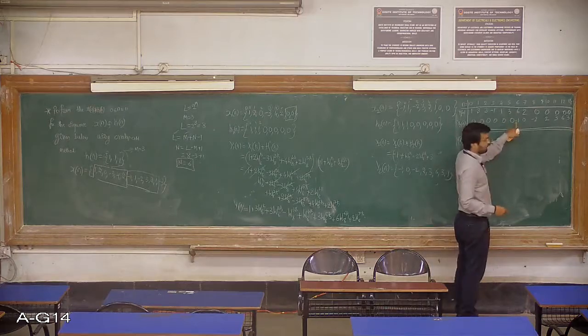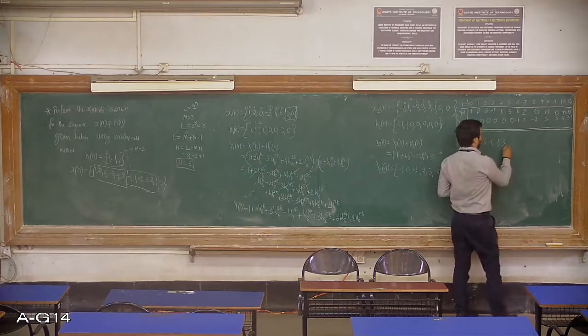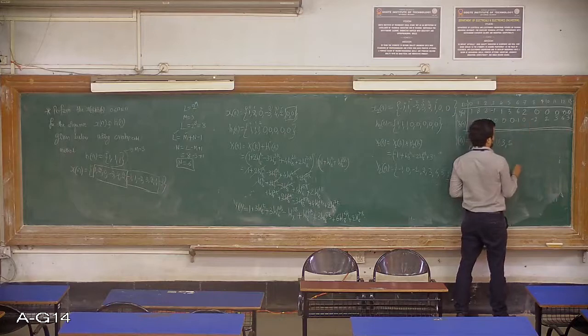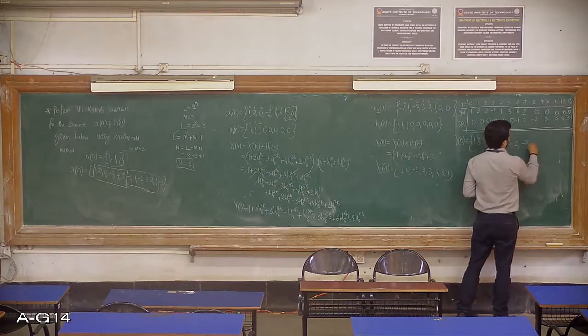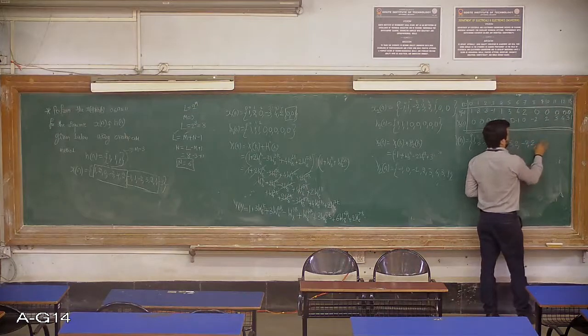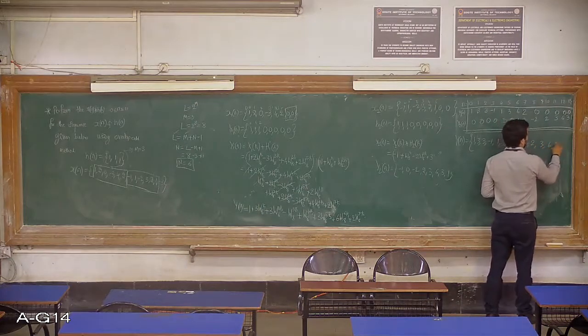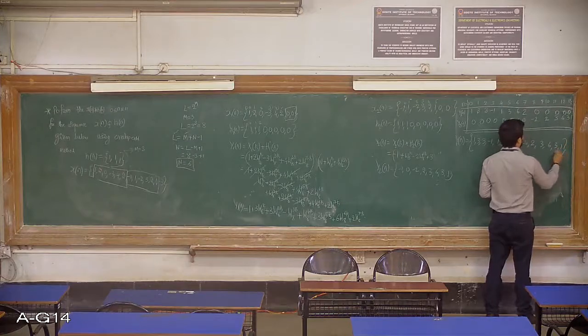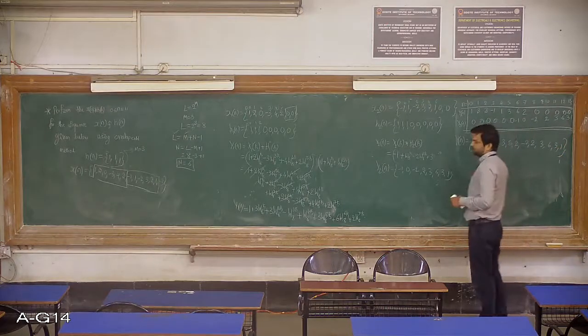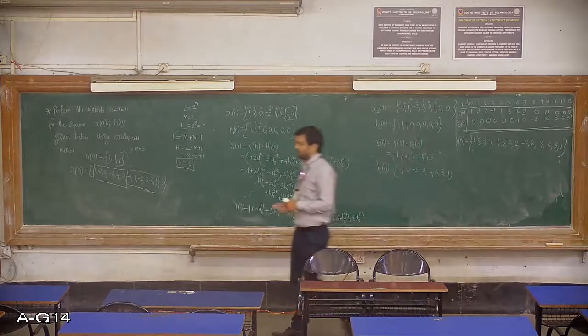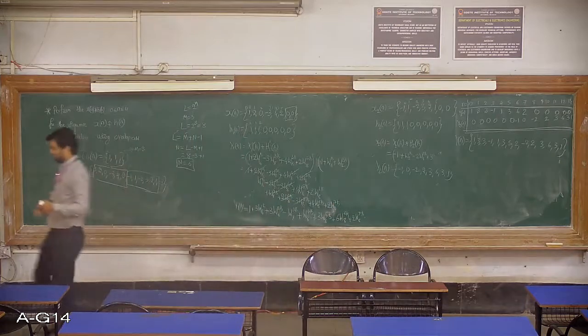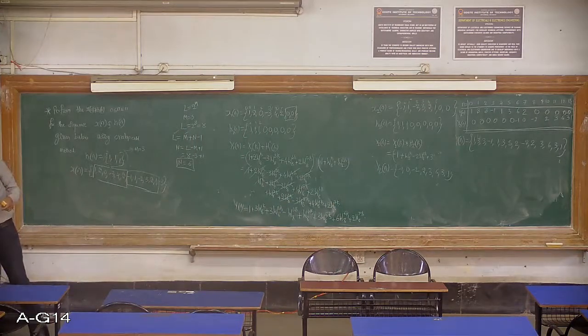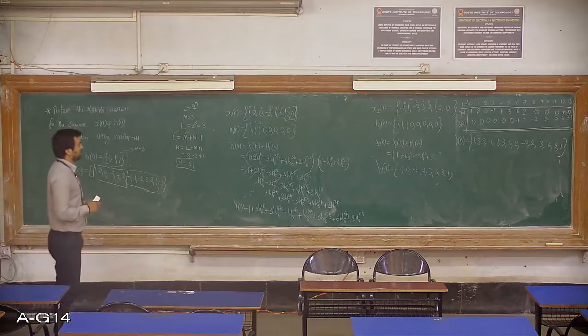Here 6 minus 1 is 5, 2 plus 0 is 2, -2, +2, 3, 6, 3, 1. This is the final answer, y of n.